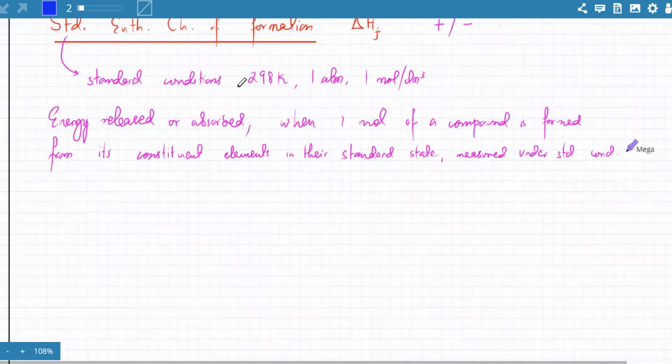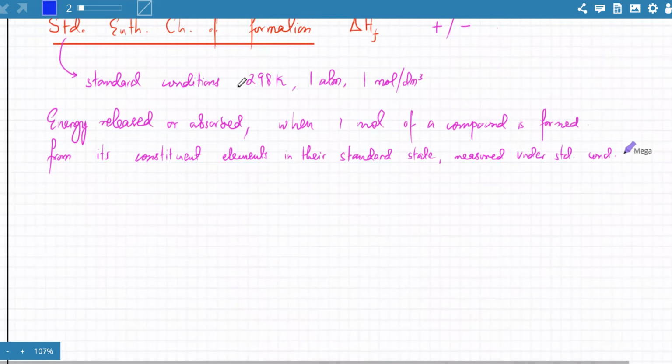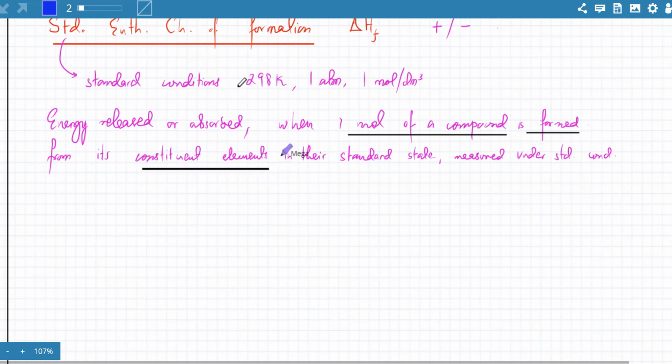Okay, for example, I'll do an example. So what is enthalpy of formation? It's the label given to the energy change of a particular reaction where you're forming 1 mole of a compound, and it's formed from its constituent elements, whatever elements it's made from, and the elements must be in the standard state.